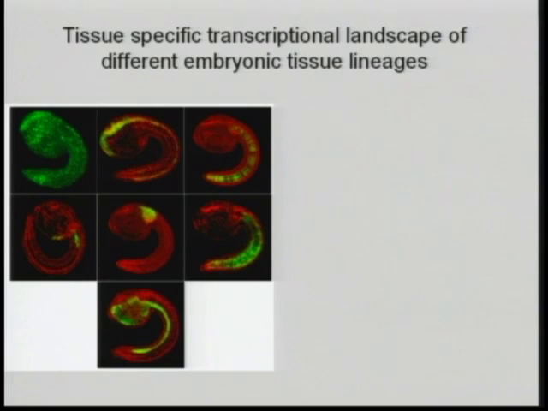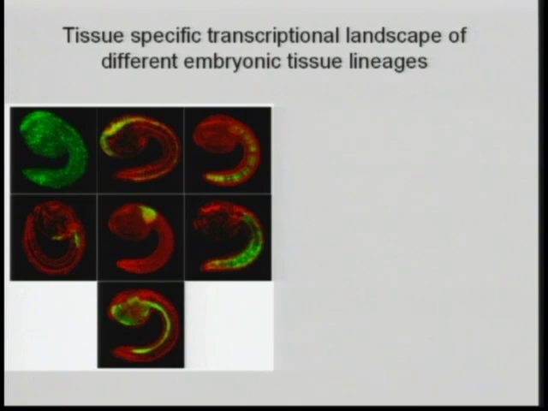To extend the whole genome study, I want to identify the tissue-specific transcriptional landscape of the Ciona lineages. There are 7 major tissue types in the Ciona. We can identify and isolate tissues by different tissue-specific enhancers, so these are GFP enhancers driving GFP.